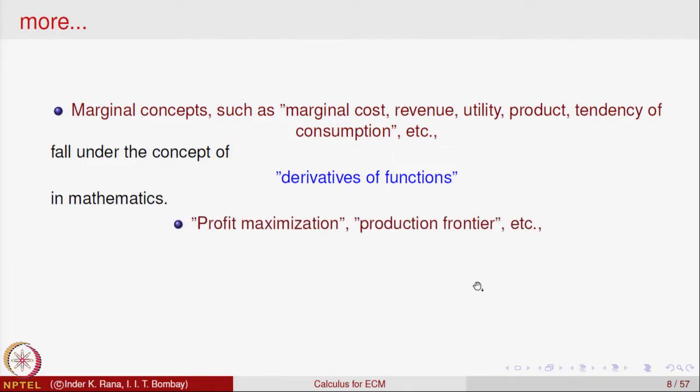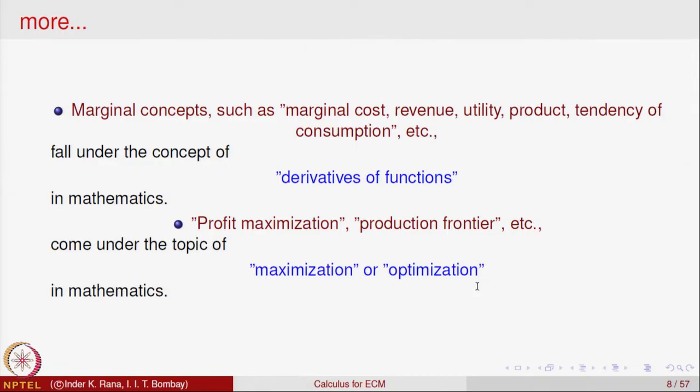And profit maximization, production frontier, etc., these are problems in economics that are best analyzed under maximization or optimization in calculus, using calculus and so on. We will discuss these things in detail soon, slowly, as we progress through the course. I just wanted to give a snapshot of how mathematics is going to be used in economics, commerce and management.